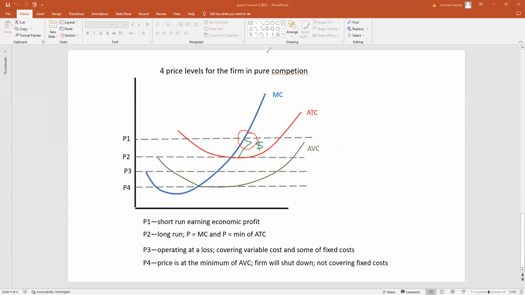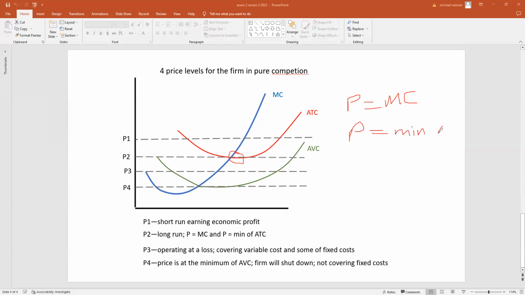As a result of losing market share, we're going to now have a price level at P2. And here's what we're looking for in terms of allocative and productive efficiency, where price equals marginal cost and price equals the minimum of average total cost.